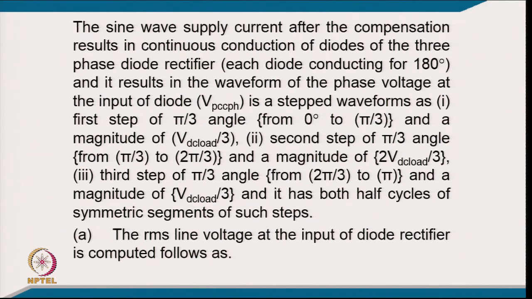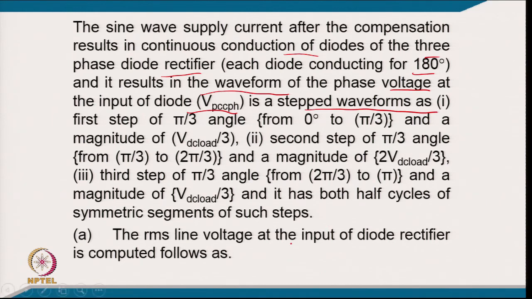So, the sine wave supply current after the compensation results in continuous conduction of the diodes of the 3-phase diode rectifier, each diode conducting for 180 degrees, and it results in the waveform of the phase voltage at the input of the diode rectifier, VPCC, being a step waveform.